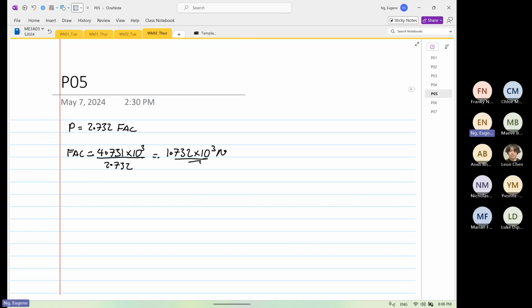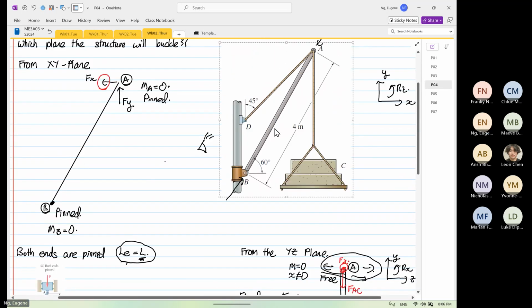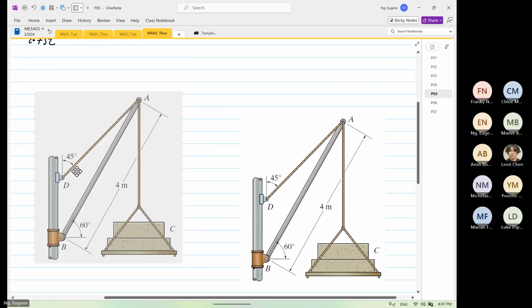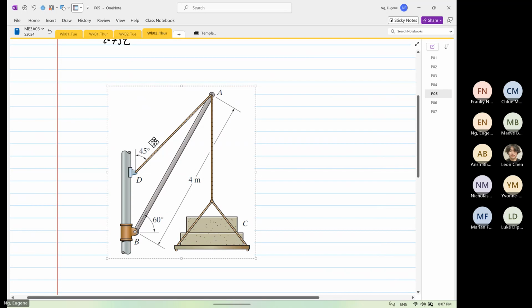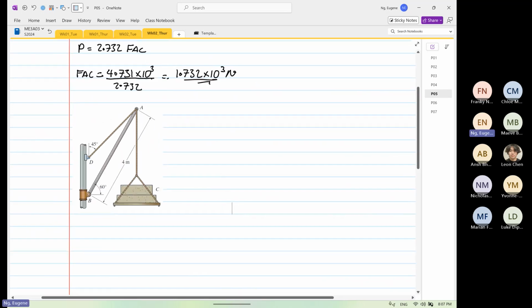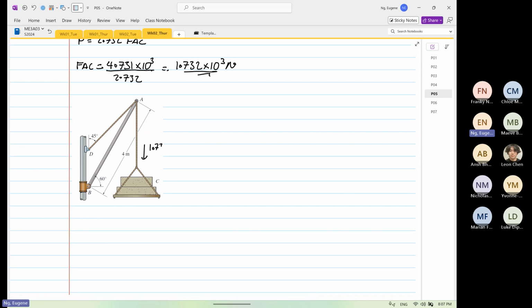Okay. So now where are we now? If we were to look at the rope, we calculated that when pulling down, the allowable load is 1.732 times 10 to the power 3 Newton.